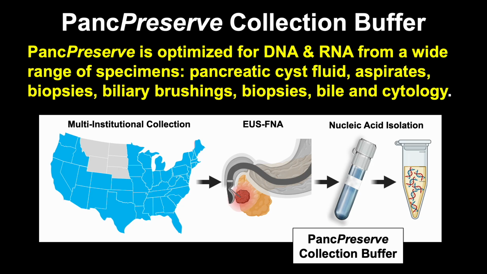And so that was where PancPreserve has actually gone through multiple generations. It is an RNA collection as well as DNA collection buffer that really can cover multiple assays, those that do bile duct testing, those that do pancreatic cyst testing, those that want to even do solid tumor testing, or even take cytology slides and isolate nucleic acids from those cytology slides because they don't have a cell block.